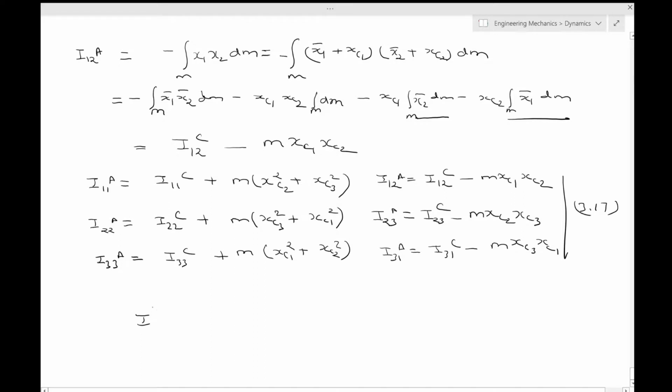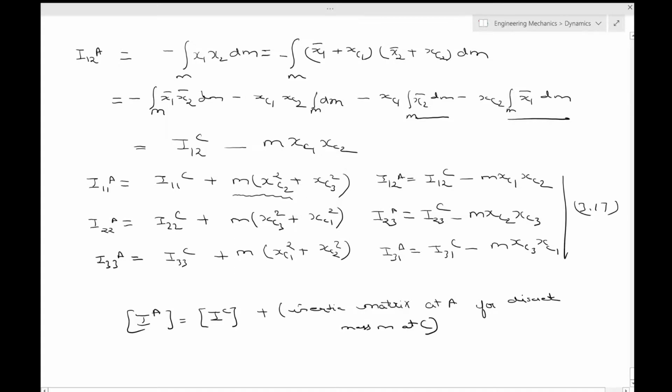So I of A is equal to I of C plus inertia matrix at A for discrete mass m at C. Remember, we had learned before that if you have discrete masses m1, m2, m3, m4 and so on, then you have to add an additional term.